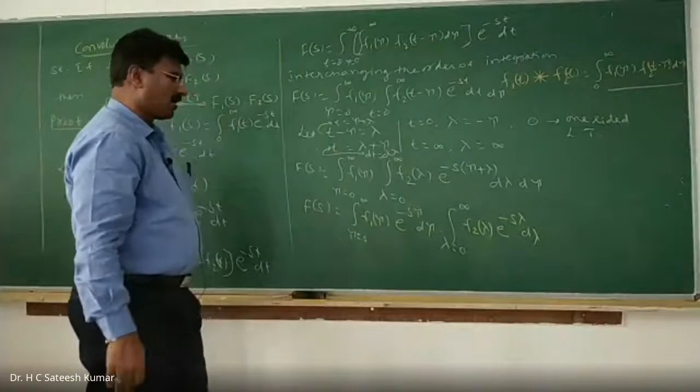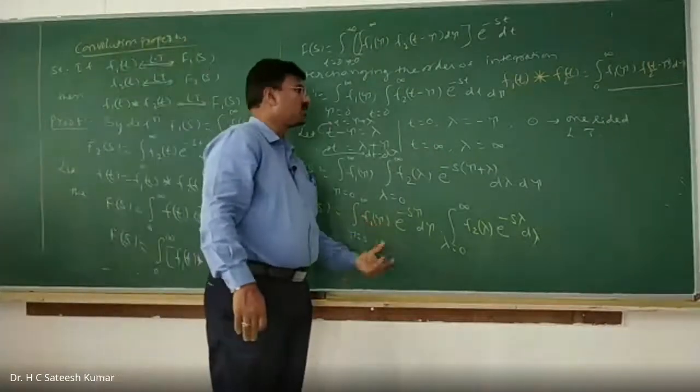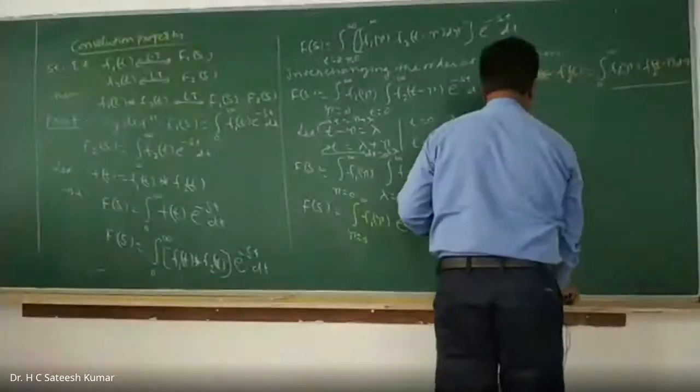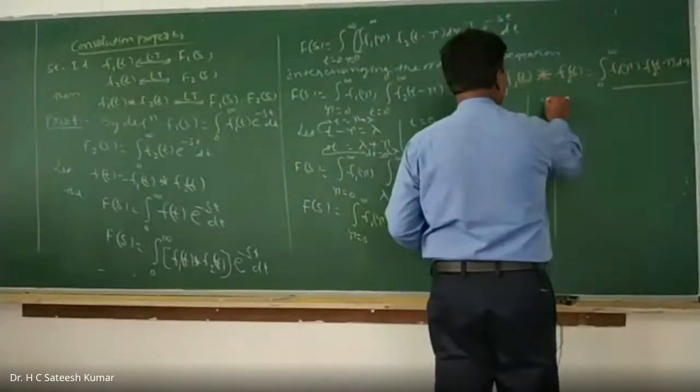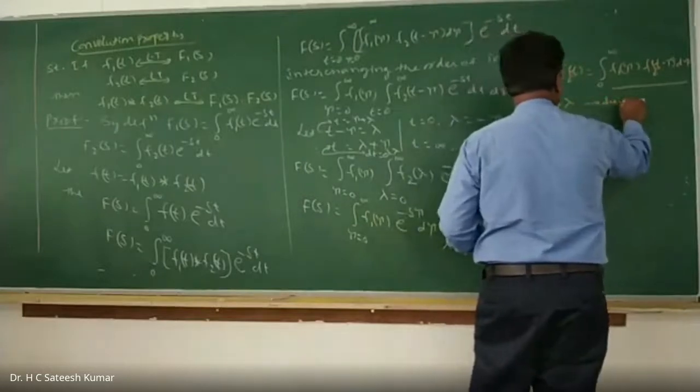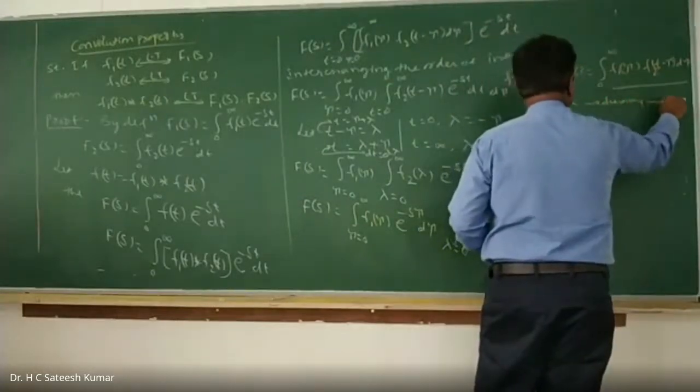Now tau and lambda are dummy variables. I can replace them by t.